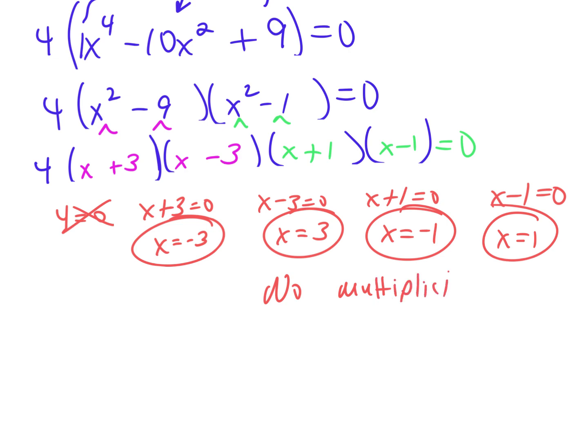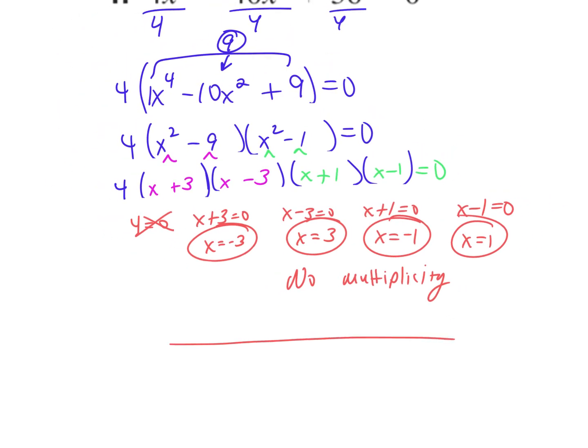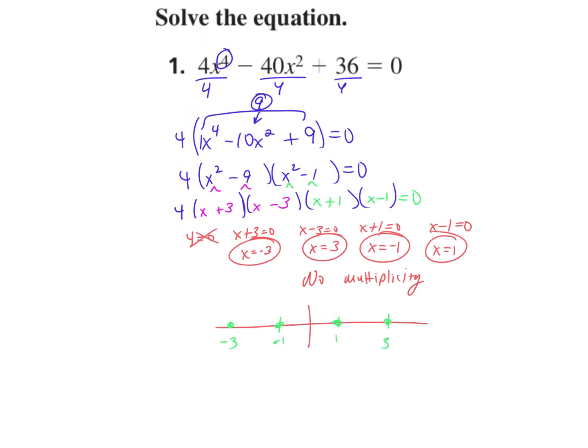What does that mean is going to happen at each one of these points on your graph? Is it going to bounce or is it going to go through? It's going to go through. So think about this. We're at negative 3, negative 1, 1, and 3, right? What did you say at the very beginning the end behaviors were? Both up.